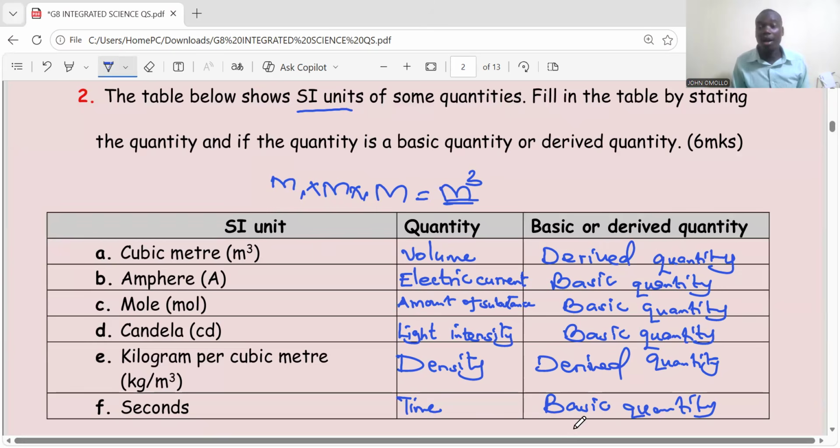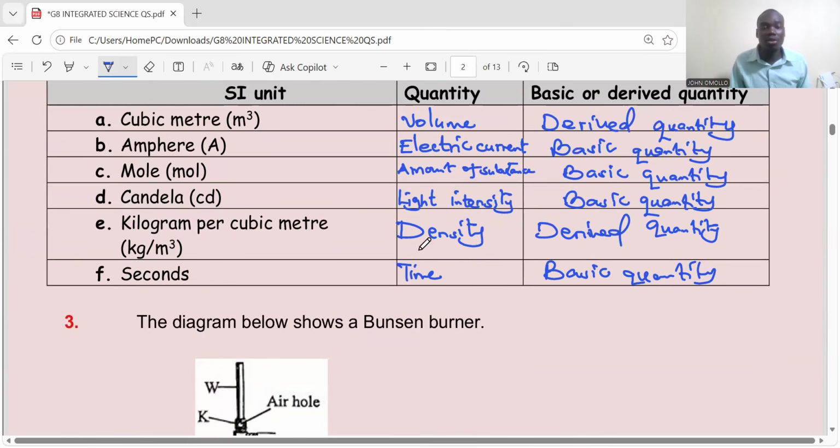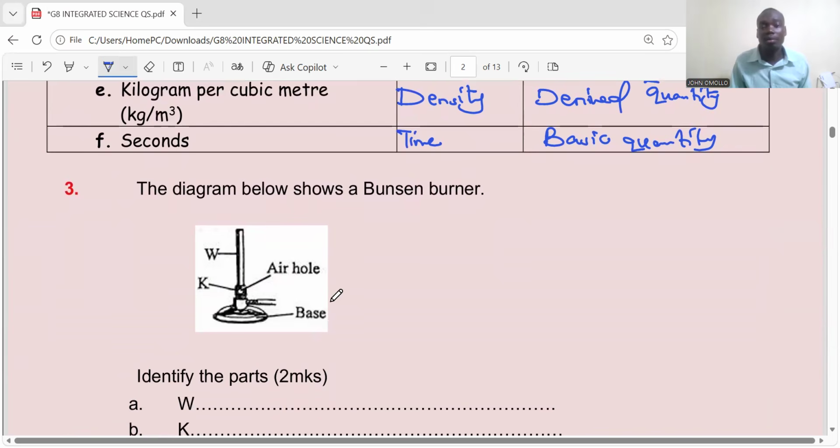When you go to amperes, that is electric current, we just find it direct. Amount of substance, the mole, again. Light intensity, and when we go to kilogram and seconds, those are either derived or basic quantities.